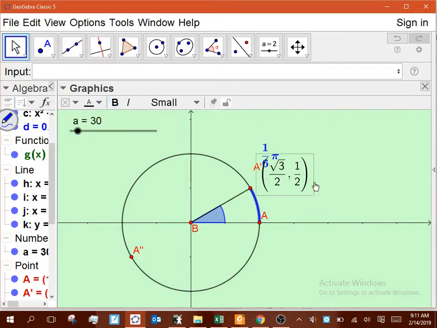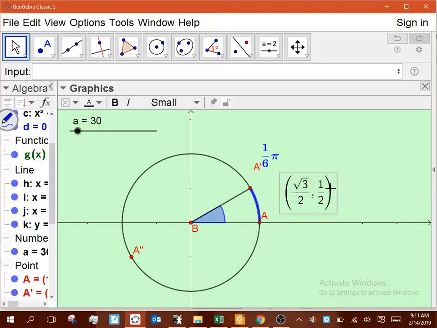So, for instance, that arc right there, that blue arc, A to A prime, has a length of pi over 6, right? Pi over 6 units. The central angle there is exactly the same in radians, pi over 6 radians, which we can convert to 30 degrees if we want to.